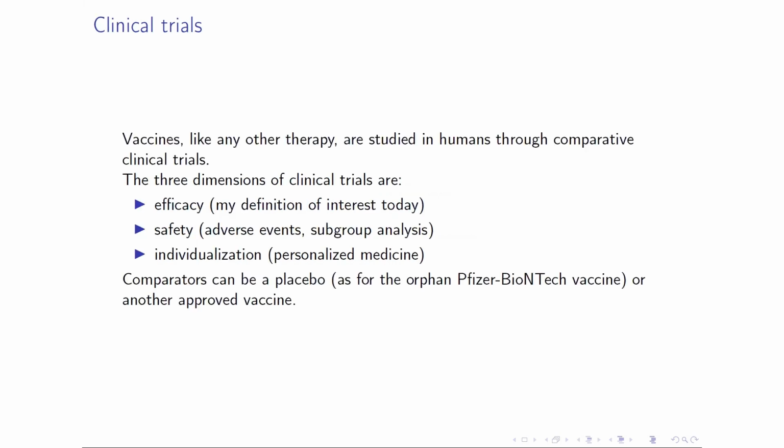All right, so vaccines are studied in clinical trials, and I've been doing clinical trials for some years now. In clinical trials, we study efficacy, safety, and possibly individualization of therapies, and we sometimes compare with a placebo, sometimes with a standard of care.